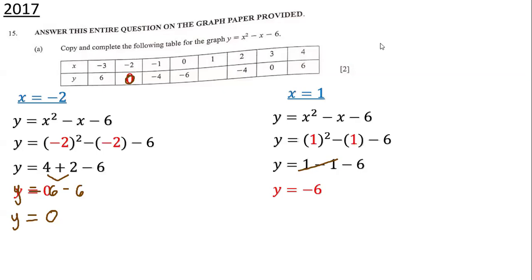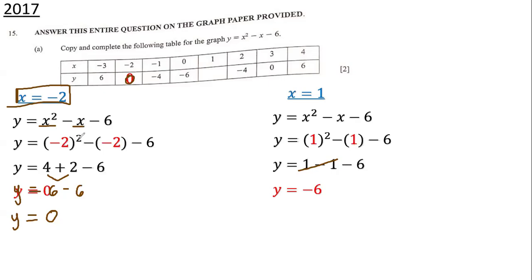So let's go ahead and review it. So what we do is, you see x is equal to what? -2, right? So wherever we see -2, we're going to substitute it into the equation.